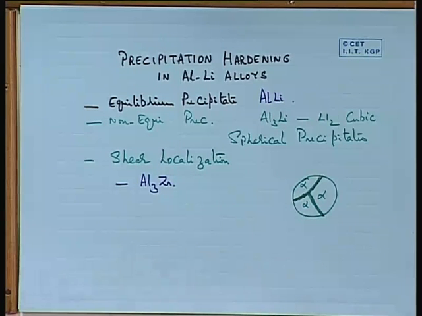Even if the product phase has the same crystal structure as that of the parent phase, if the lattice parameter of the product phase is entirely different, if the misfit parameter is more than about 20% or so, then you will definitely end up with incoherent or semi-coherent precipitates rather than coherent precipitates. For coherent precipitates, you need the misfit to be very small.